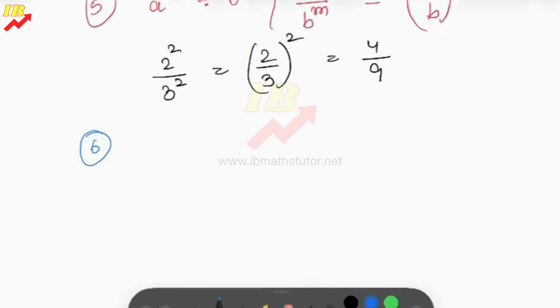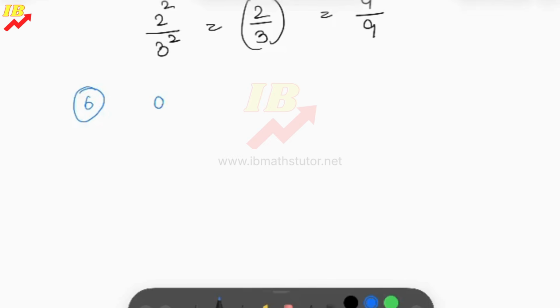Sixth law. Sixth law says when you see some negative power in the denominator or in the numerator, right? We are going to reciprocate the number, the base actually. So this is going to be reciprocated here.